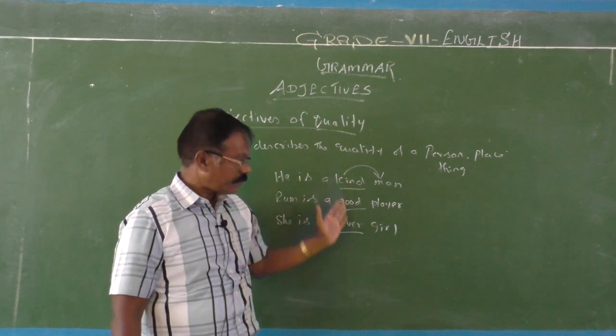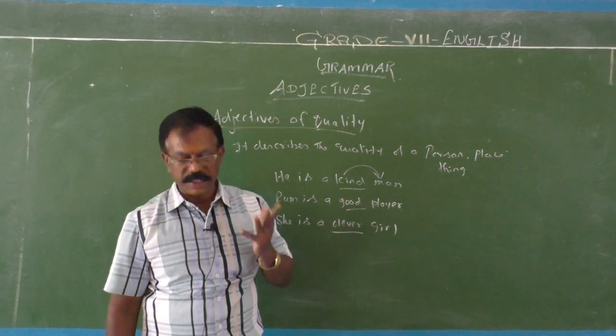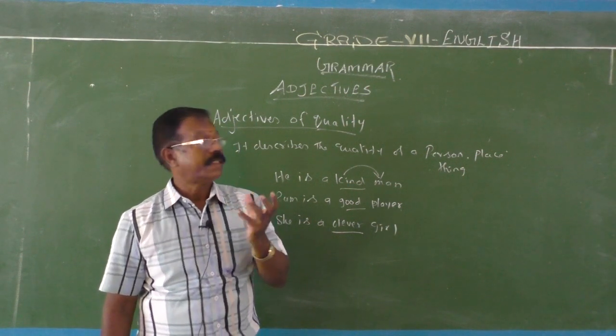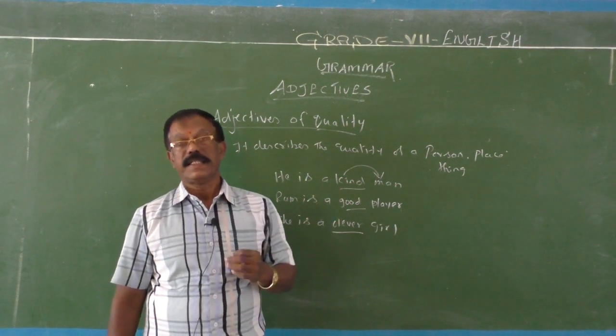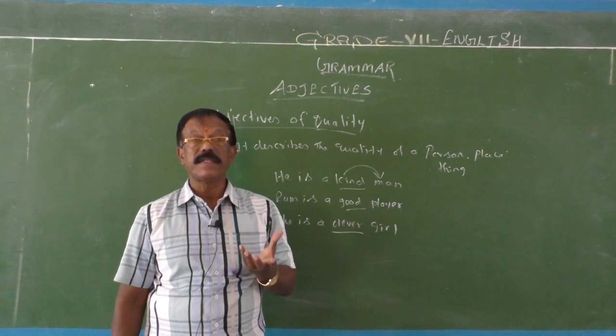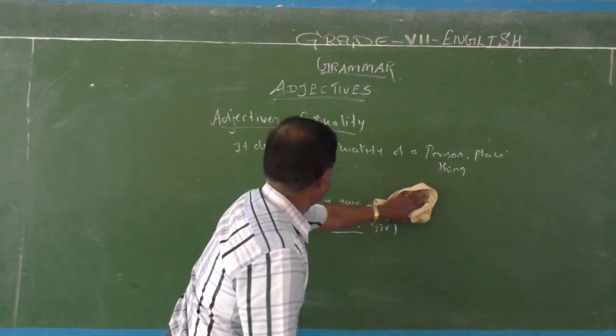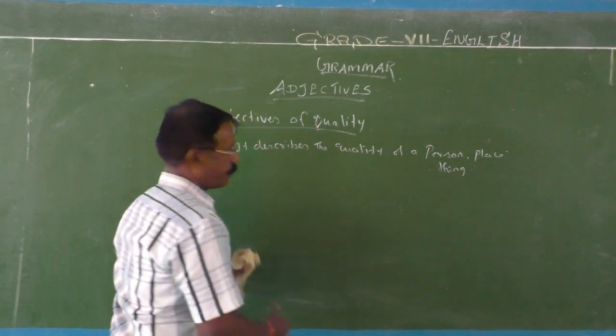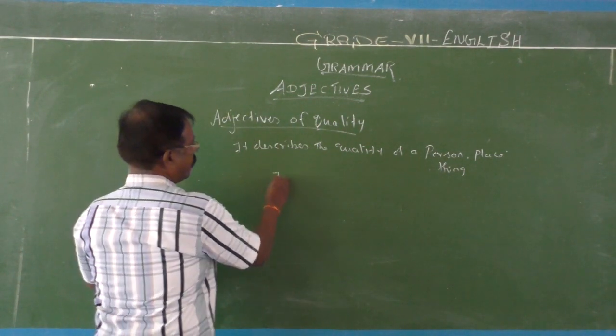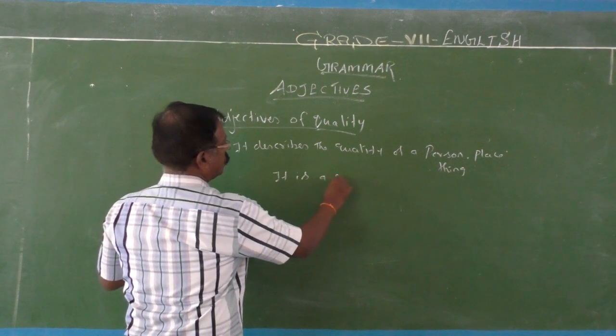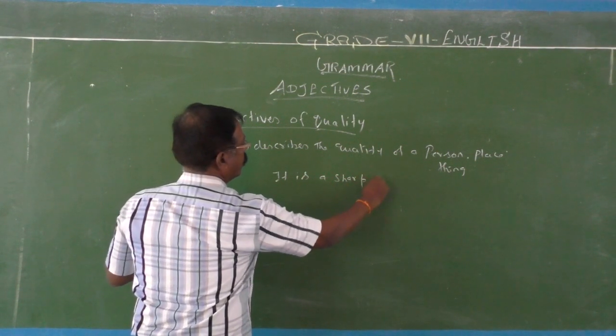Okay. So in this way, adjectives describe the quality of a person. Sometimes they describe the quality of things also. How? I'll give you examples for the children. See, it's a sharp pencil.